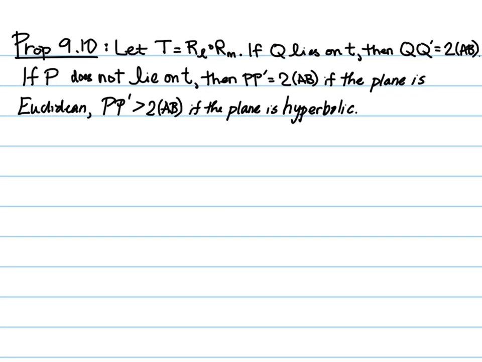Right, so much the same picture that we started with before, or on the last problem. Here's L, here's M. And we have a transversal, a common perpendicular down here, T. The first one is Q lying on T. So we're going to put Q here.